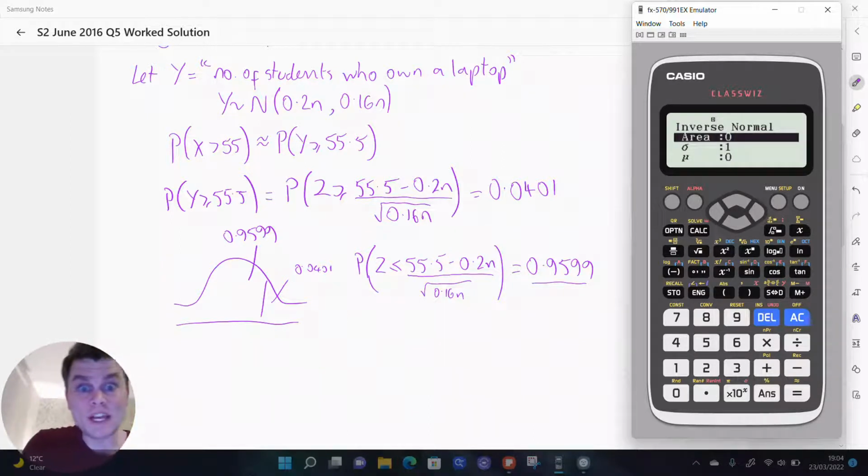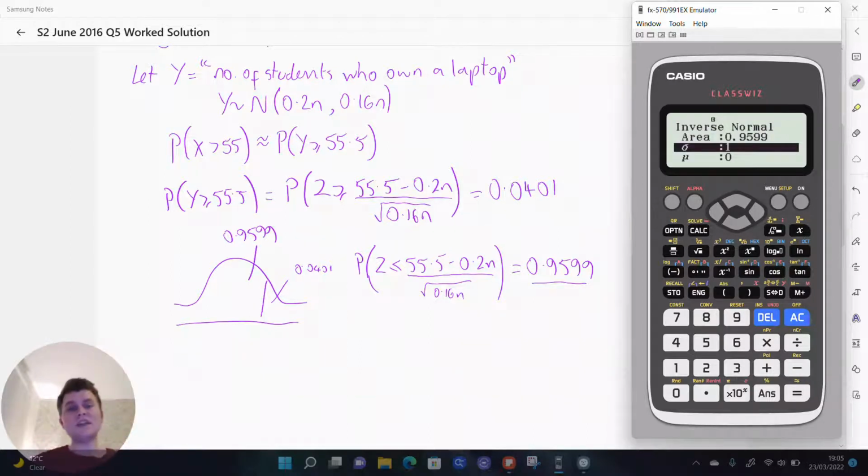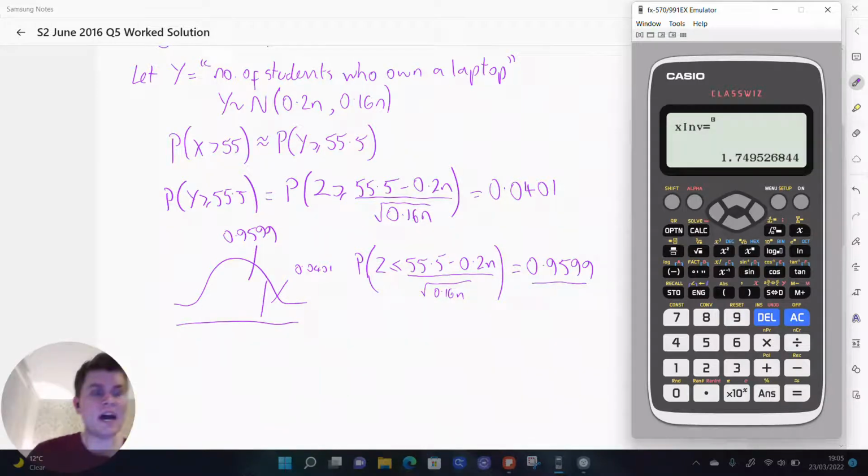Three things to put in here. Our area is that probability that we had, 0.9599, and our standard deviation is 1 and our mean is 0, because remember the standard normal distribution has those two values. We just check they're in there and it delivers a result of 1.7495 and so on.